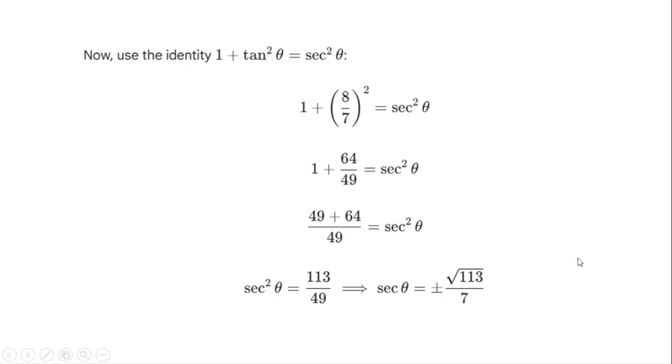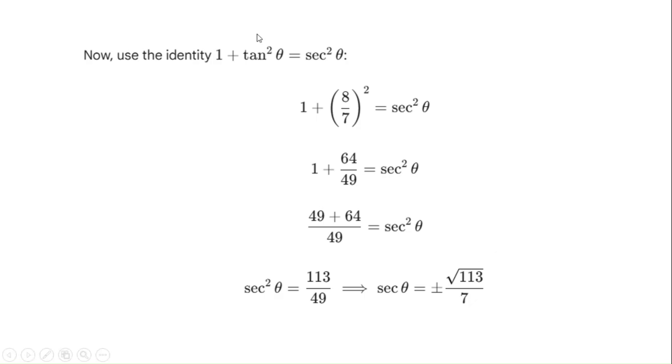Now coming back to secant theta, we need to find secant theta also, no? But we only know tan theta and cot theta. So what is the relation between secant and tan? We can use the identity 1 plus tan square theta is equal to secant square theta. I am substituting the tan theta value here.